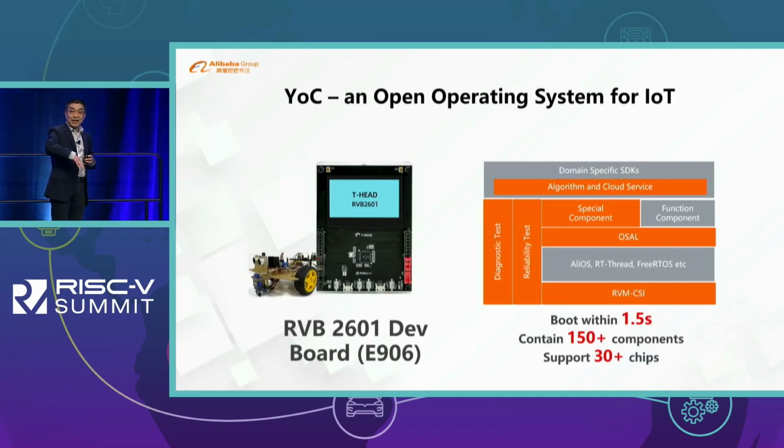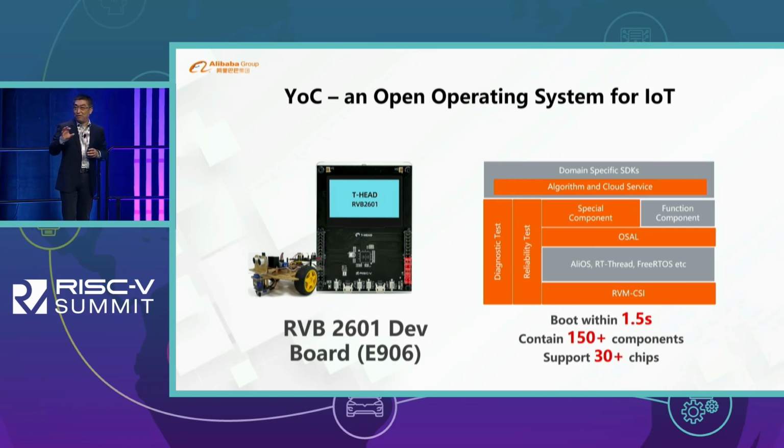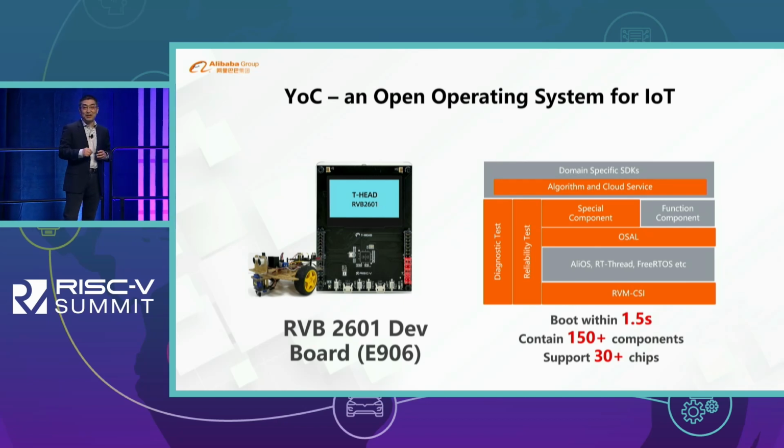In the next 3 slides, I will cover the work we've done on the software side: how we create our own operating systems and how other operating systems work with RISC-V. This picture shows the YOC operating system for IoT. YOC stands for Yun on Chip.